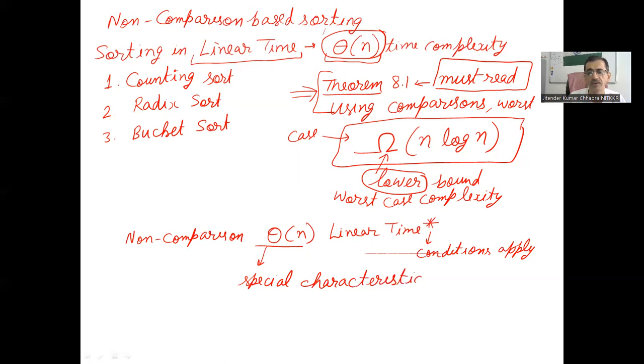Only in those situations will sorting in linear time be possible. So counting sort has some star terms and conditions, radix sort has some star, and bucket sort has some star.